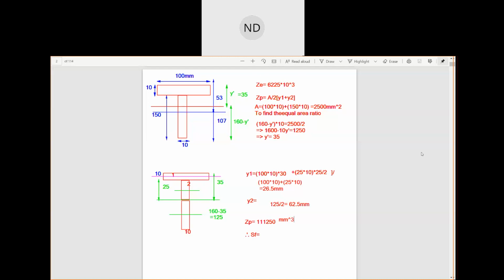Shape factor 1.679. Others, how much did you get? Rovilla has got 1.679. The value was 6225.